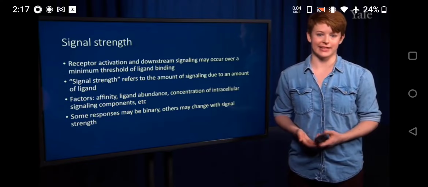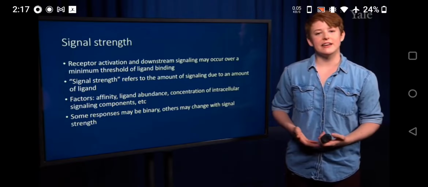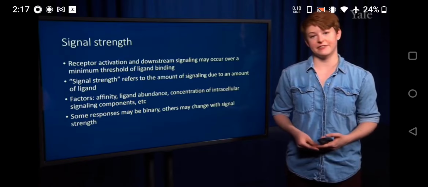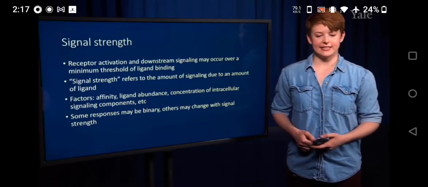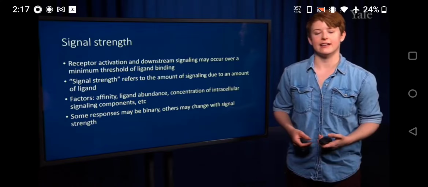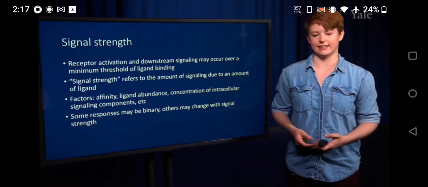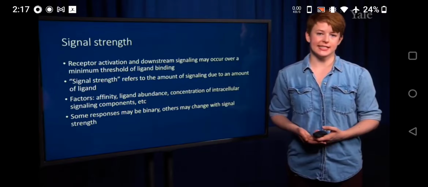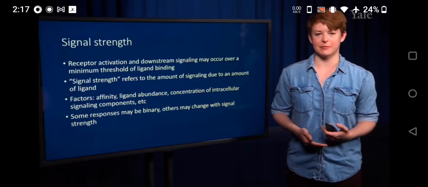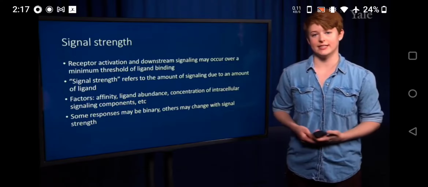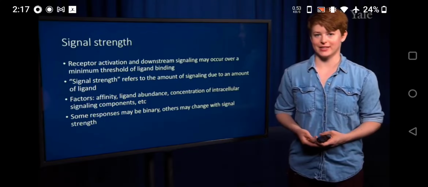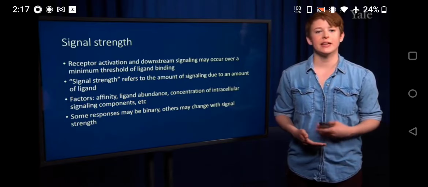A few different factors can influence this, including ligand affinity, ligand abundance, and concentration of intracellular signaling components, which we'll discuss. Some responses might be binary, just a simple on or off in the signal, whereas others might change strength with the signaling strength. So here you might get different levels of signaling.